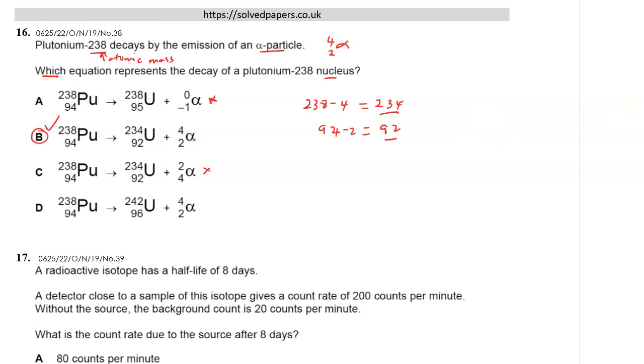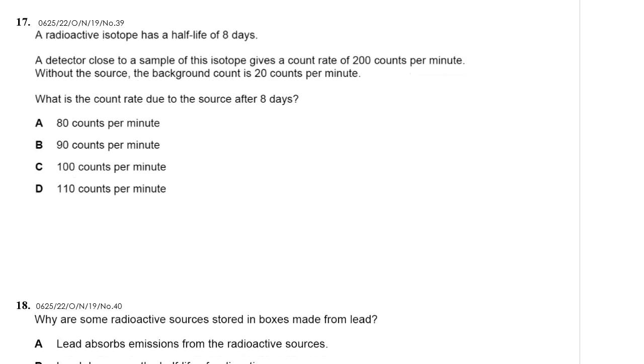Number 17. Number 17 there. A radioactive isotope. Of course, 17 is from variant 22, and this was number 39. A radioactive isotope has a half-life of 8 days. As I said, half-life is the time taken for the nuclei to reduce by half. If there are 1,000, the time it takes for the nuclei to reduce to 500.